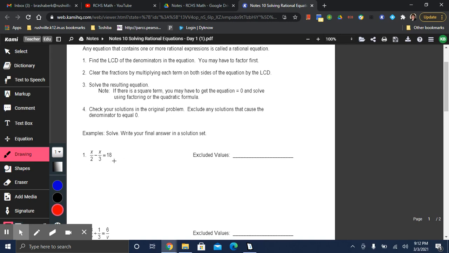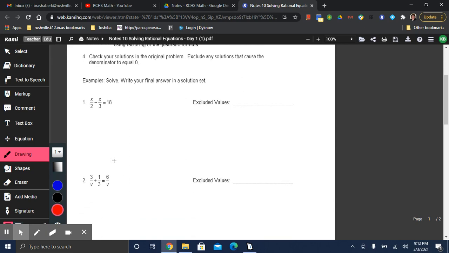So we'll look at our first example, and we have x over 2 minus x over 3 equaling 18. So this idea of the excluded values, if either denominator has a variable in it, then we would not want to find a value for that variable that would cause us to have a 0 in the denominator.